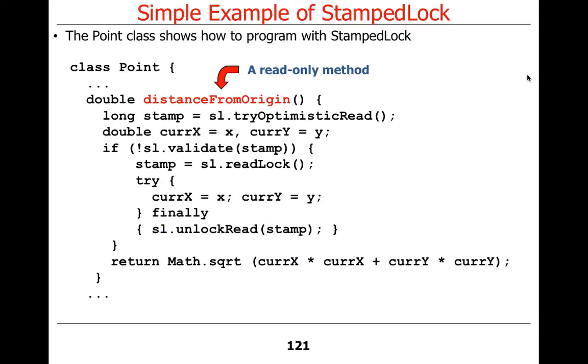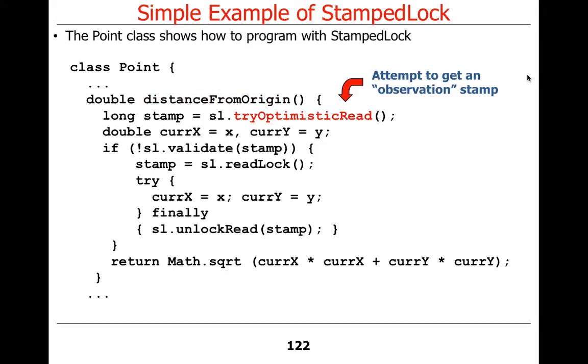Here is a read-only method. This method is trying to do a read. Of course, we could acquire for reading, we could just do a read lock, but we're going to demonstrate the use of optimistic reads. So we come in here, and we're going to try to get an observation stamp. We call try optimistic read, and that'll return a stamp. Now we're going to be really optimistic.